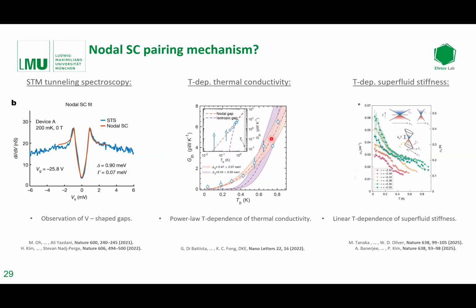And also, last but not least, our group did some thermal conductivity studies in the TBG superconducting state, where we were able to show that the dependence of the thermal conductivity as a function of temperature was following some power law dependence rather than a really sharp gapped type of scenario, which again could hint towards a nodal type of superconductor.